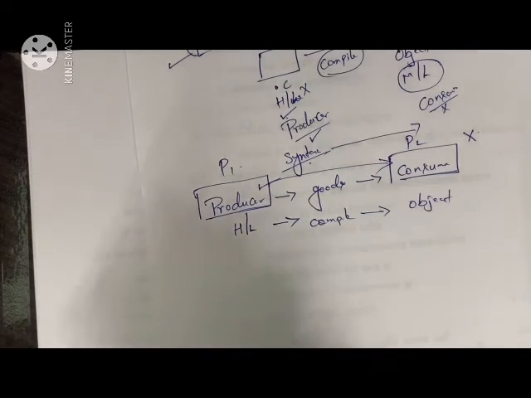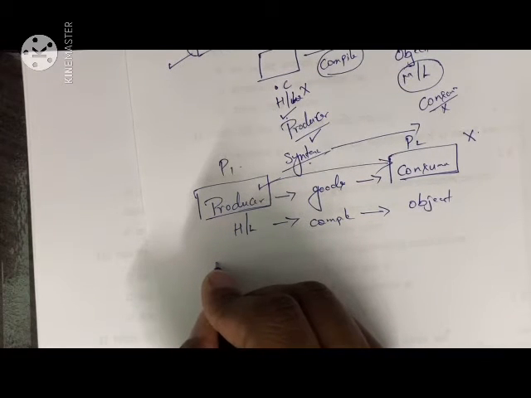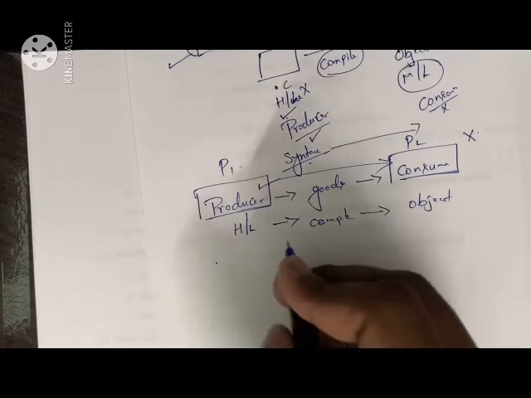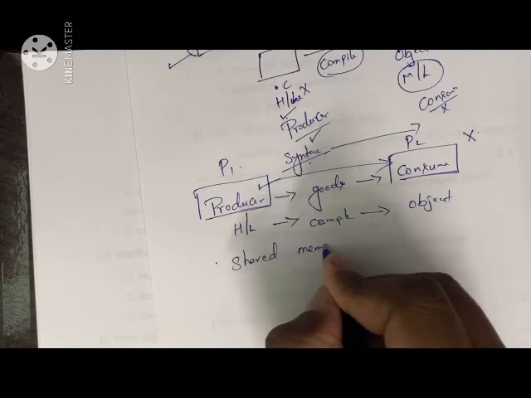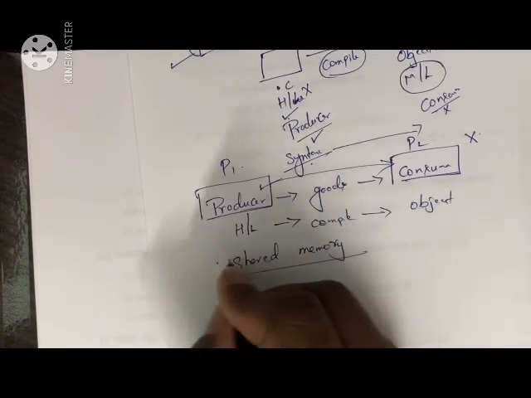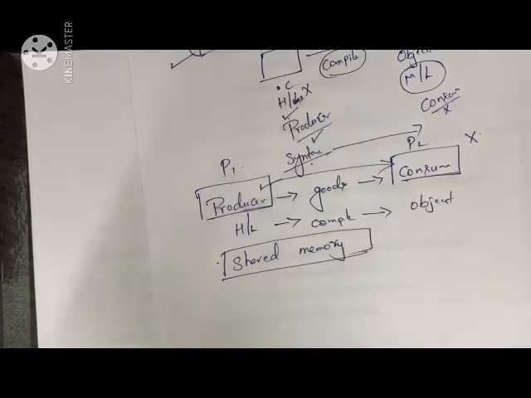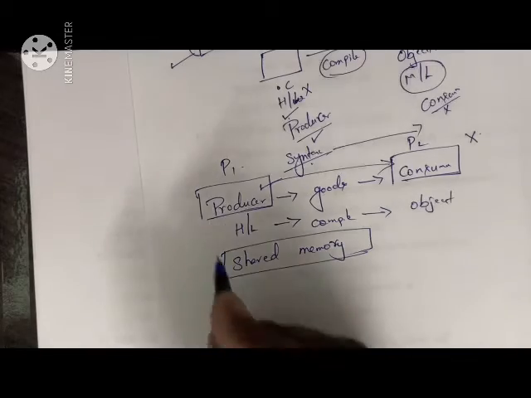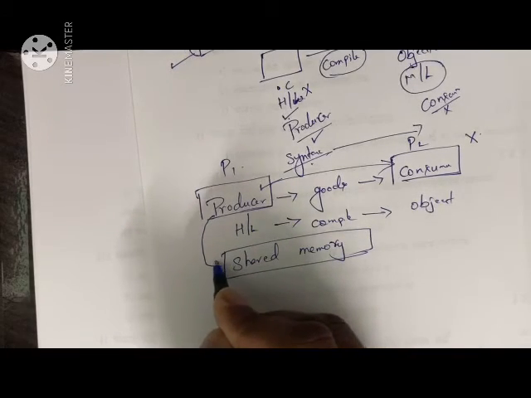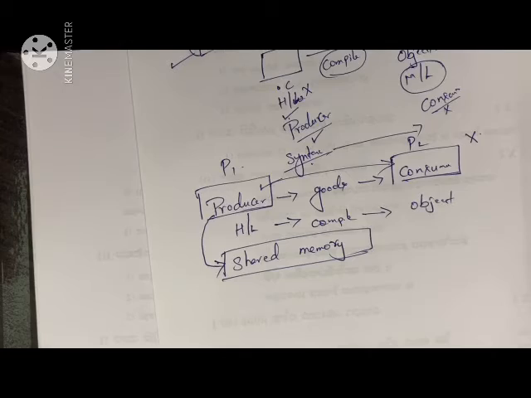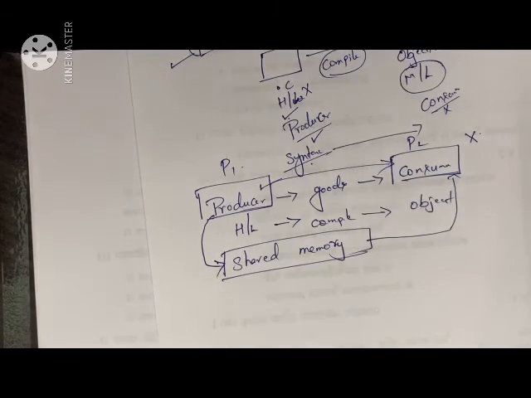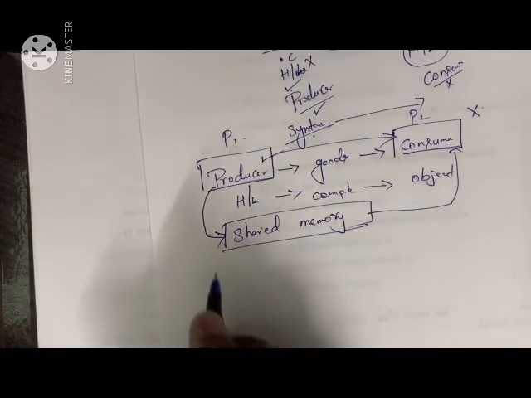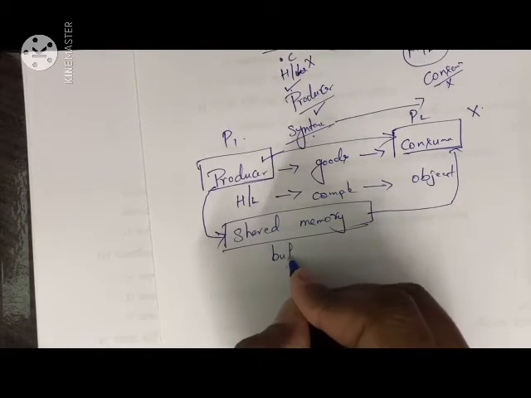The solution for this is that we are going to share memory. We share some common memory between process 1 and process 2. Once the common memory has been shared, whatever data is produced will be sent to this memory, and this memory can be accessed by the consumer. This memory space is called a buffer.